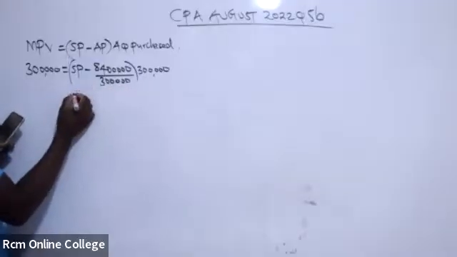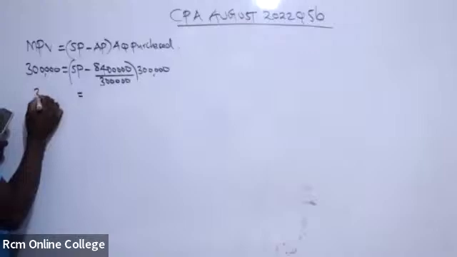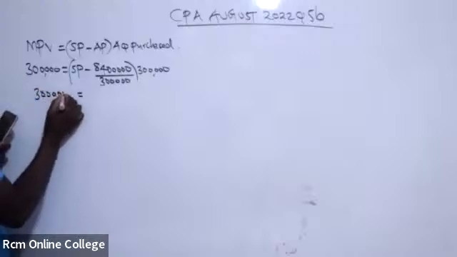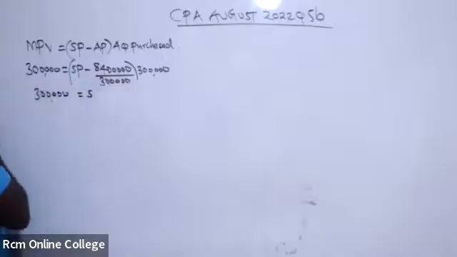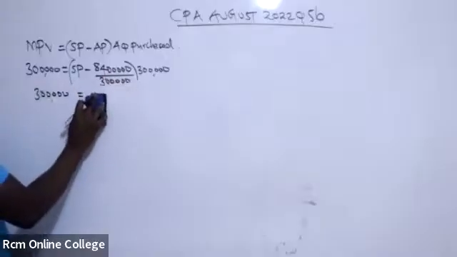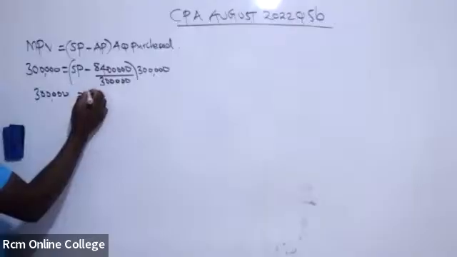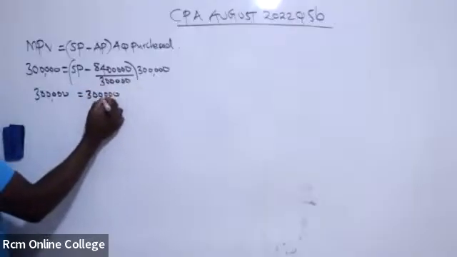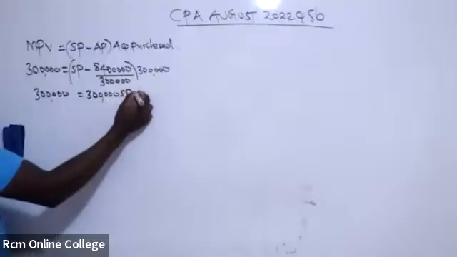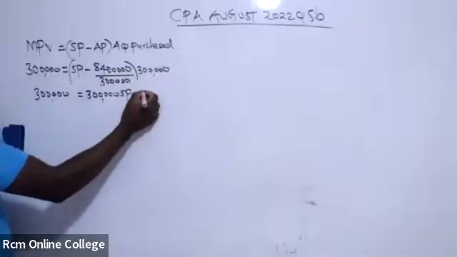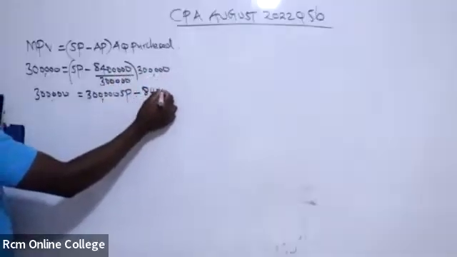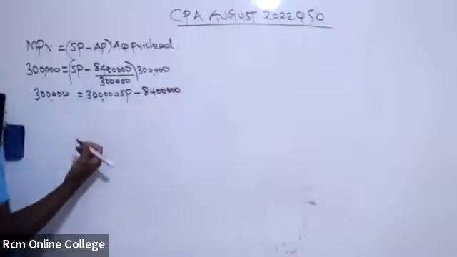So come here, compare what is inside the bracket. 300,000 SP, minus this divided by this is the same amount, gives us 8,400,000.